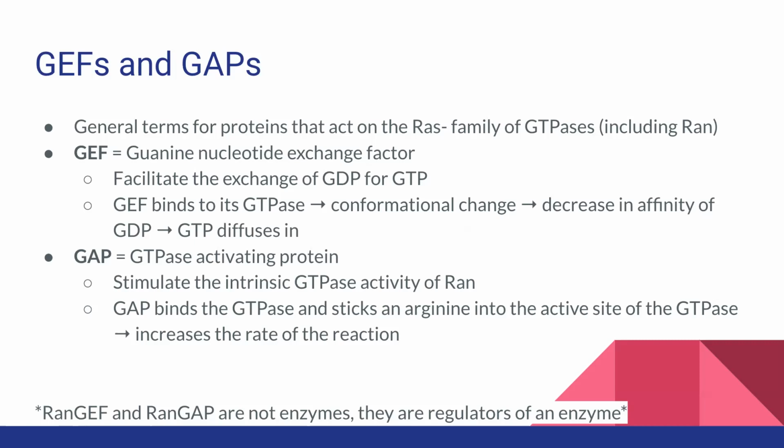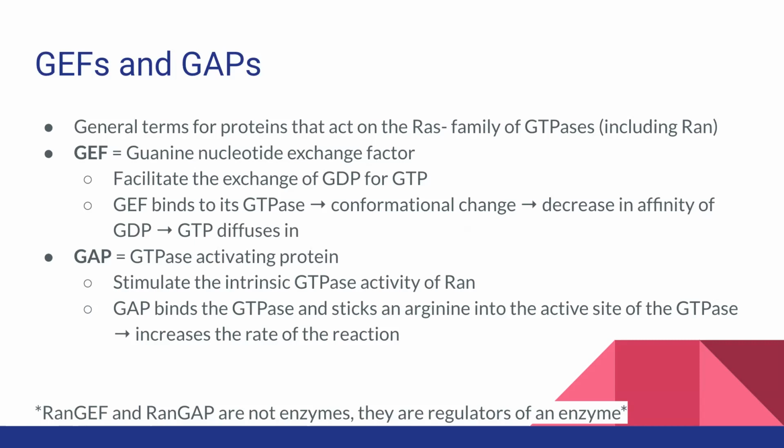GEFs are found in the nucleus. GEF binds to its GTPase, such as RAN, causing a conformational change, so RAN loses affinity for GDP, and GTP can diffuse in, which puts RAN in its activated state.